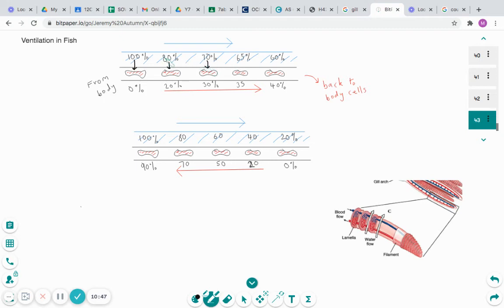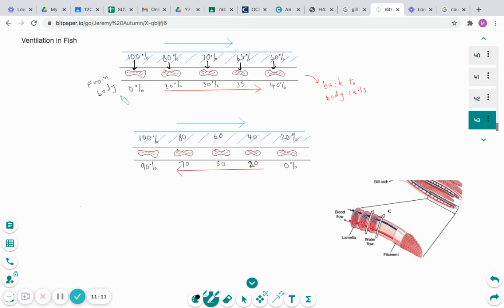Already, because this is going down to 70 and this is going to 30, the concentration gradient is less. There's only a 40% difference between them. So the diffusion is starting to slow down. It's gone from 100 down to 80%, down to 70, and now it's only at 65%. Diffusion is still happening, but it's starting to slow down.